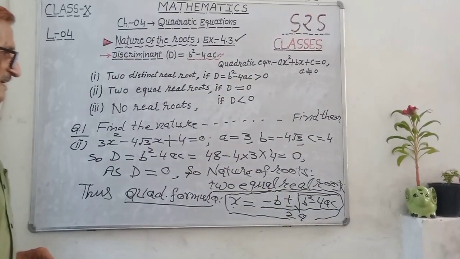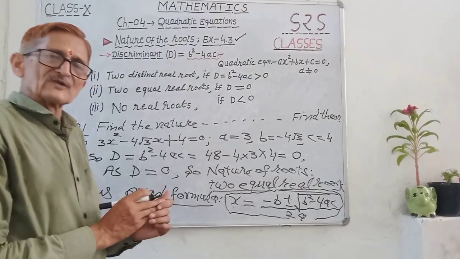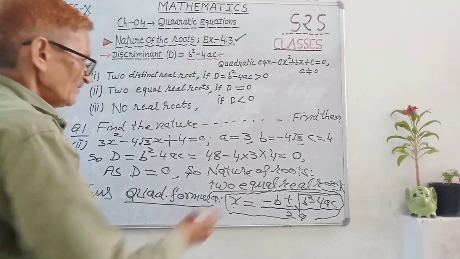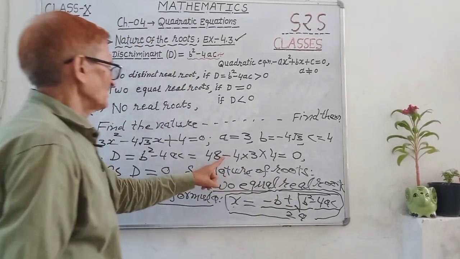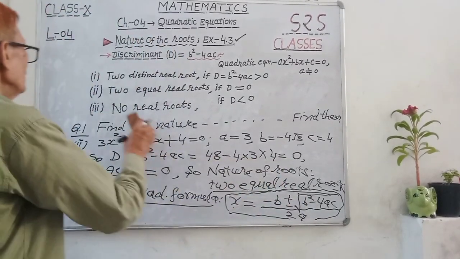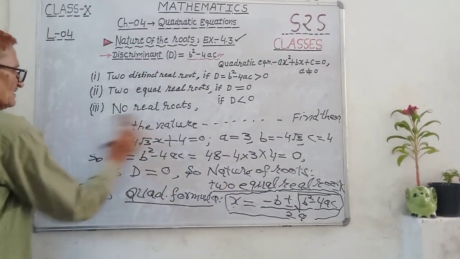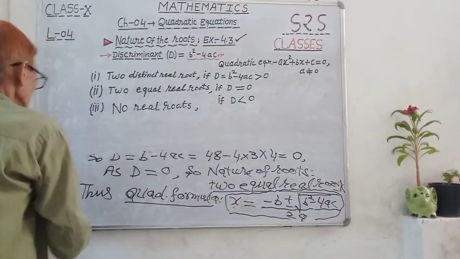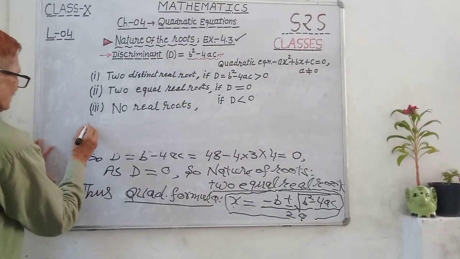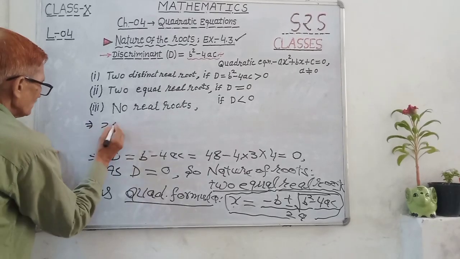This is the direct way to find the root by this formula. Put the values of a, b, c, and the b square minus 4ac discriminant is calculated to be 0. So we are putting this and finding the roots.